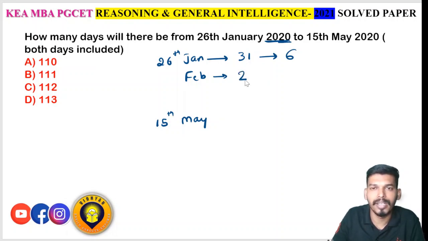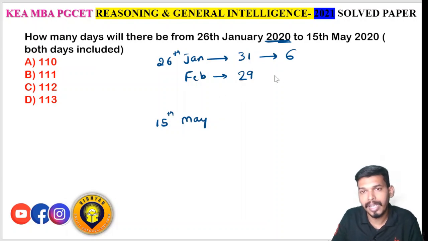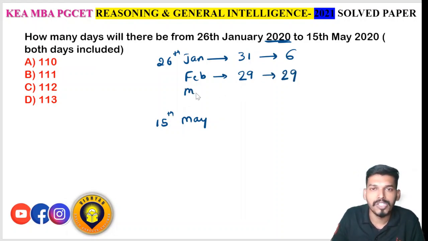So in February how many days will you get? That is 29 days. Correct? Then March, again 31 days. April, 30 days.